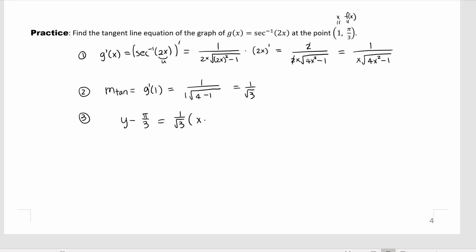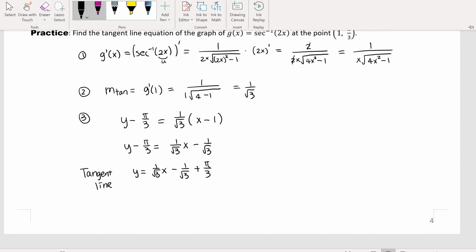And then we have x minus x coordinates of the points, 1. y minus pi over 3 equals to 1 over square root of 3 times x minus 1 over square root of 3. And then y equals to 1 over square root of 3 times x minus 1, plus pi over 3. So this is the tangent line.